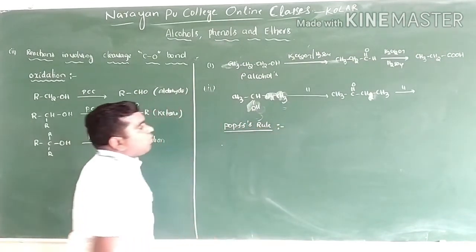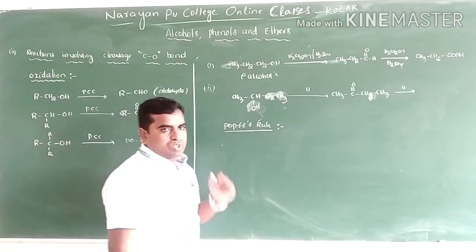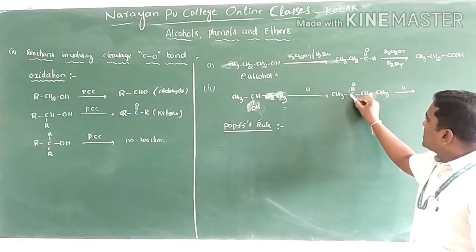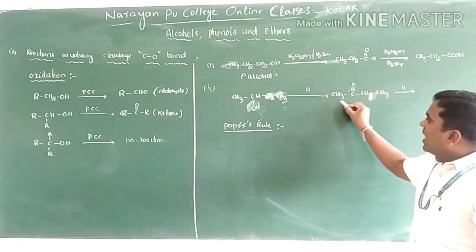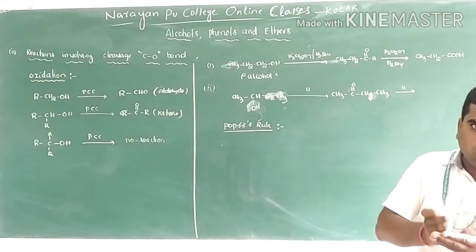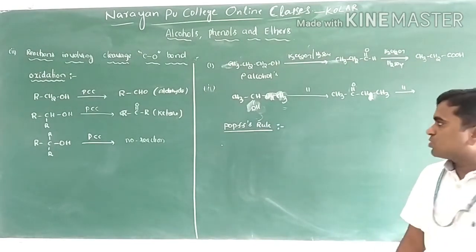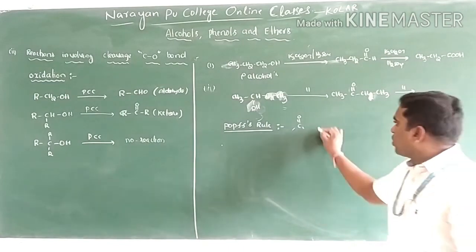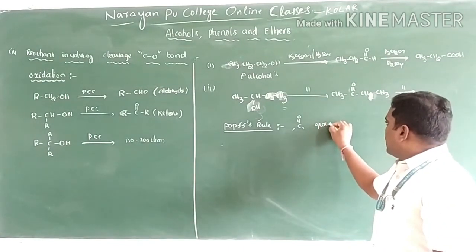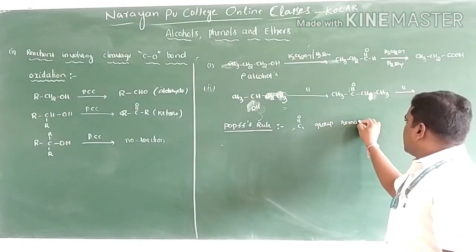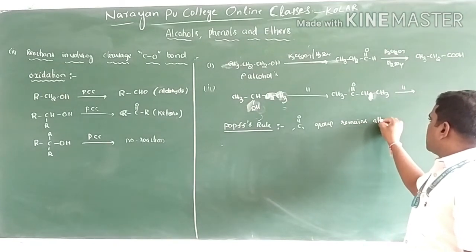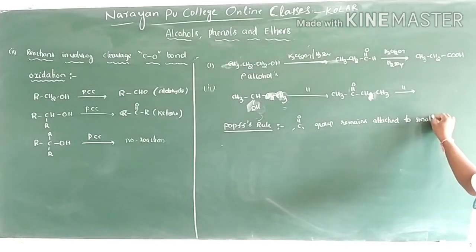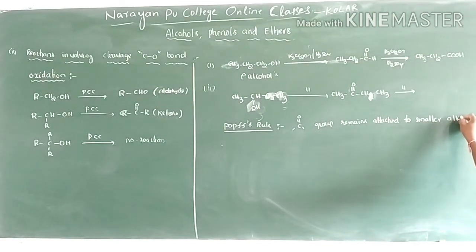Clear? So what is this rule? According to this rule, the carbonyl group, the C double bond O group, always remains attached to the smaller alkyl group.